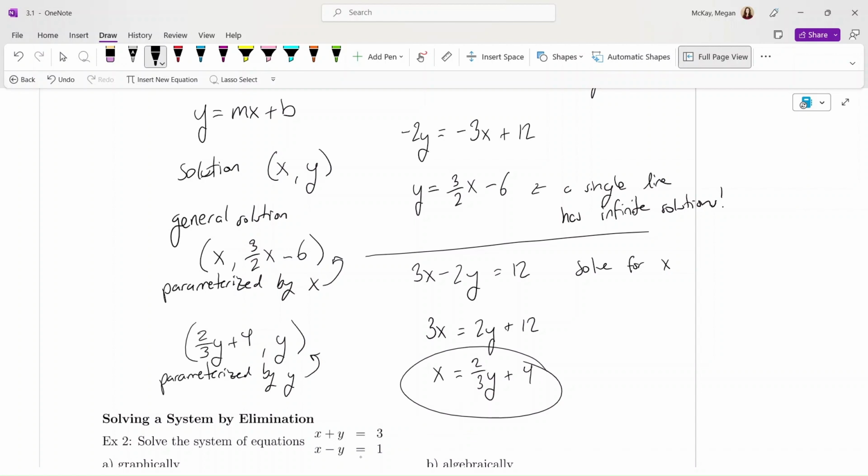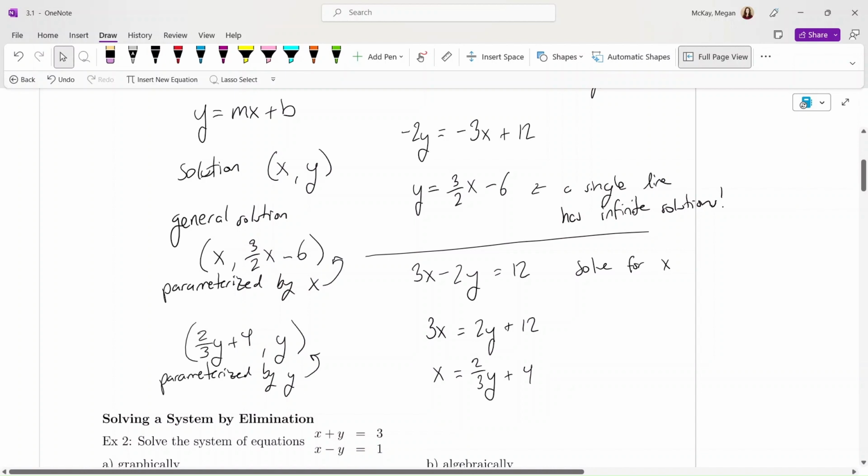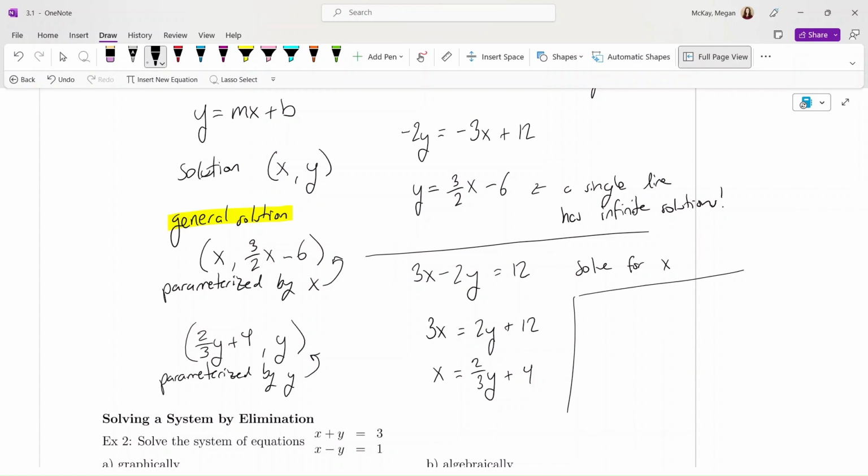Now, if we wanted to go one step further, so again, this was our general solution, we could find a particular solution. If we wanted to find a particular solution, all we need to do is choose one x value or one y value and go from there.